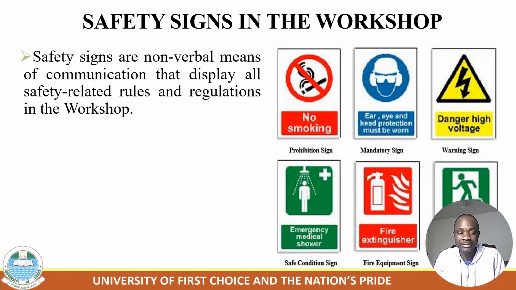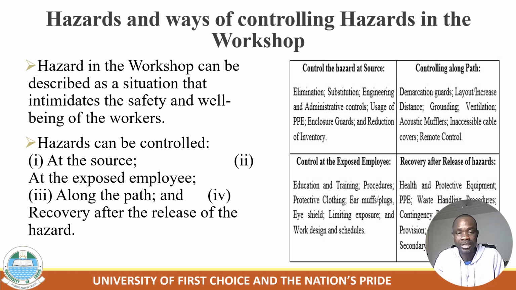The next on the agenda regarding safety in the workshop is hazards and ways of controlling hazards in the workshop. A hazard in the workshop can be described as a situation that threatens the safety and well-being of the worker, a situation that poses a level of threat to the well-being of the workers.